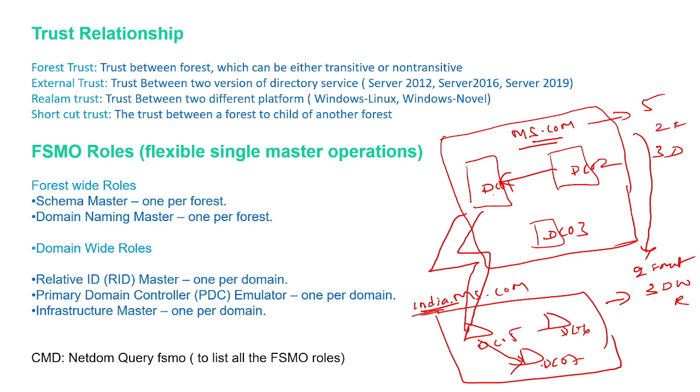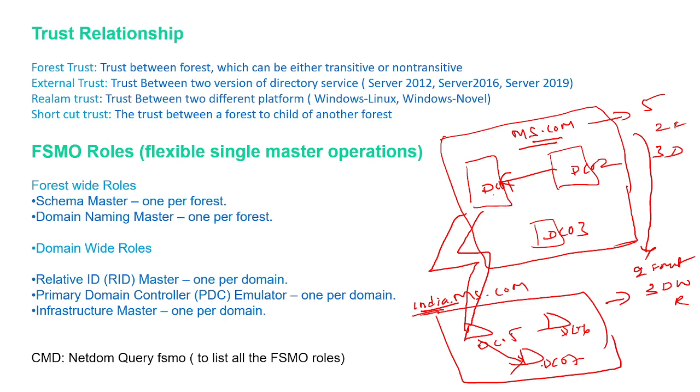That is the job of the RID master. Even though this server is shut down, you will not have any problem, as long as you have enough RIDs in the pool.